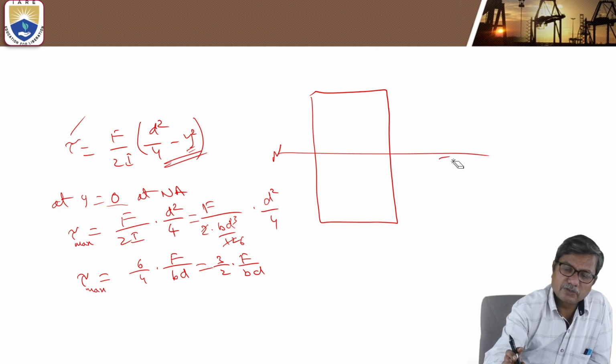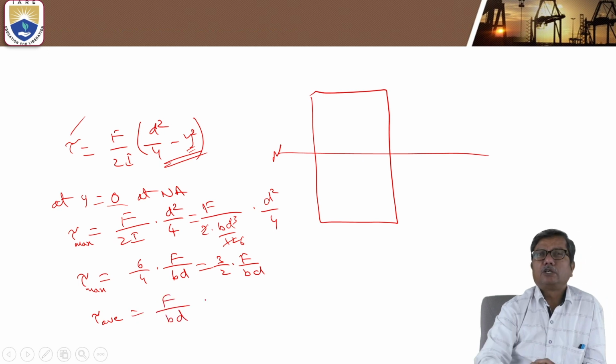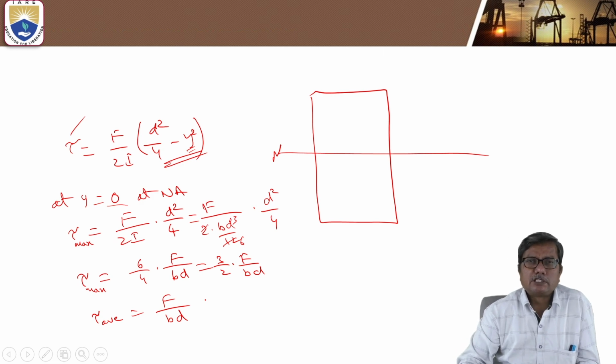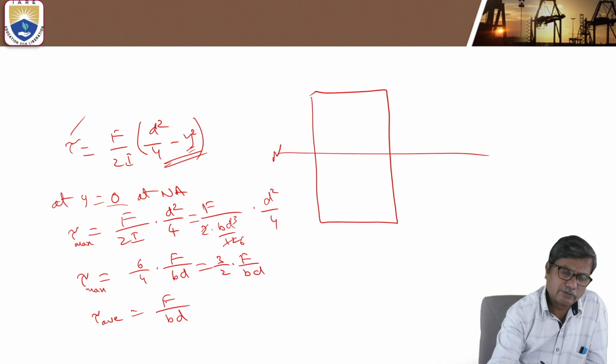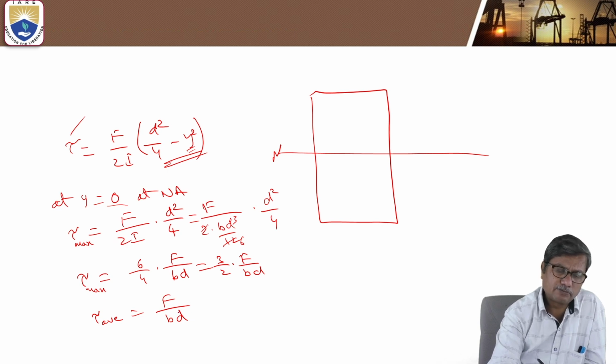And actually, average shear stress across the section, when shear force is F, is given as F by BD, where F is the shear force.